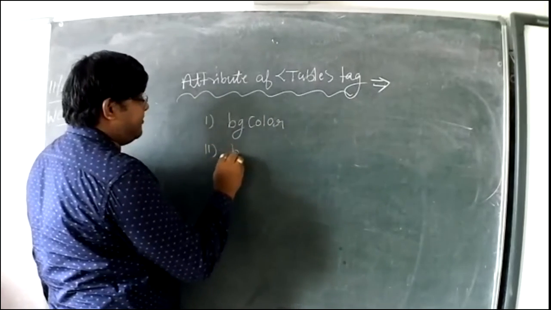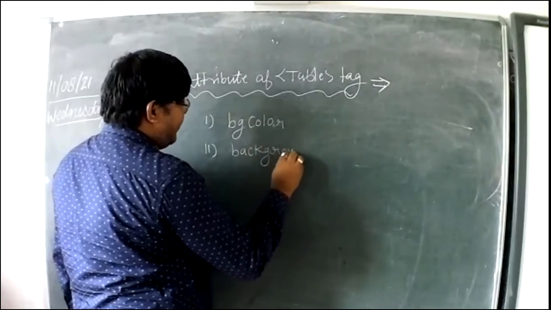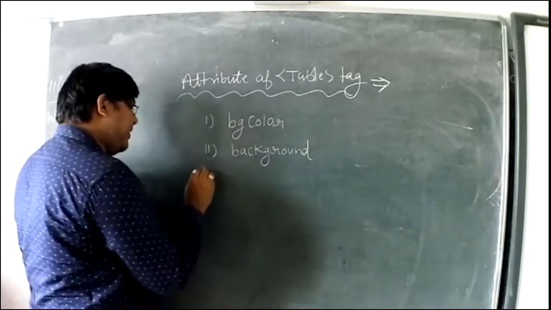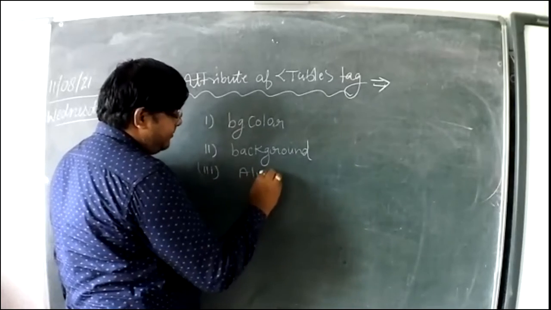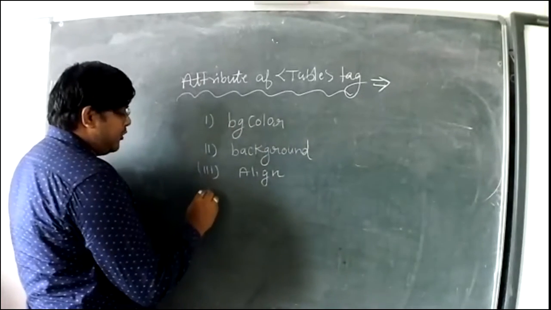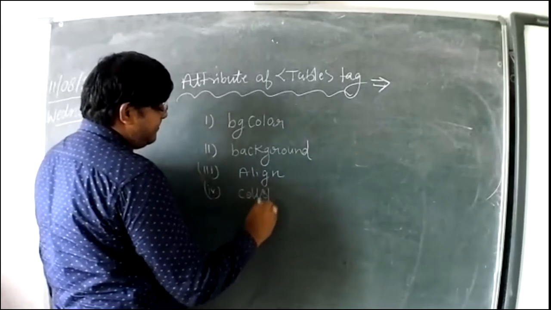First, you do the listing. The second attribute is the background. The third attribute, we have align. Then we have a fourth attribute, cell spacing.